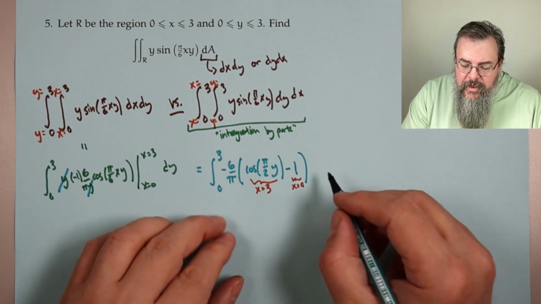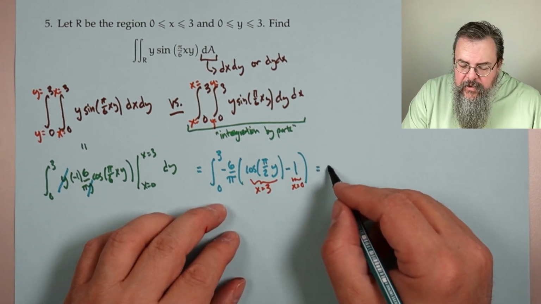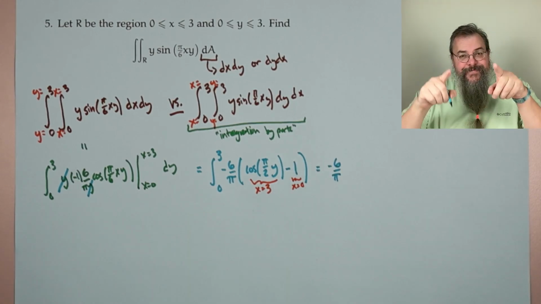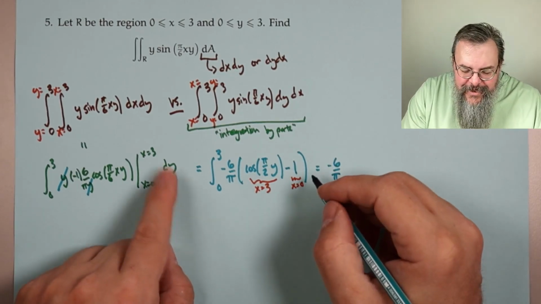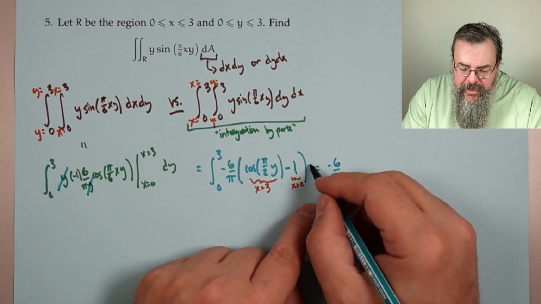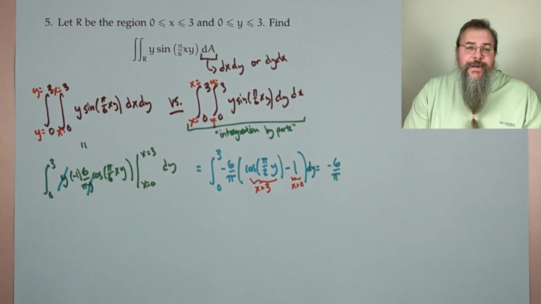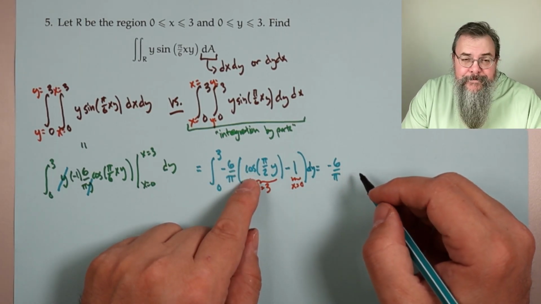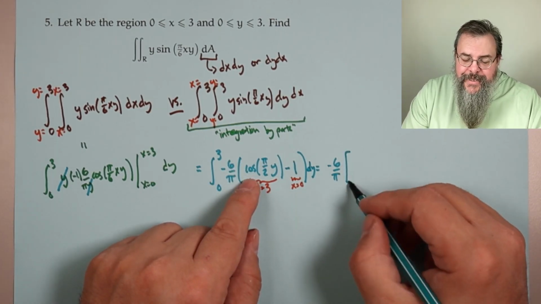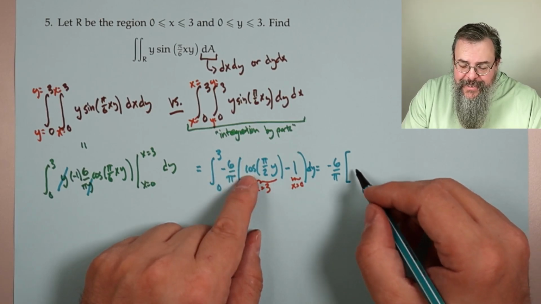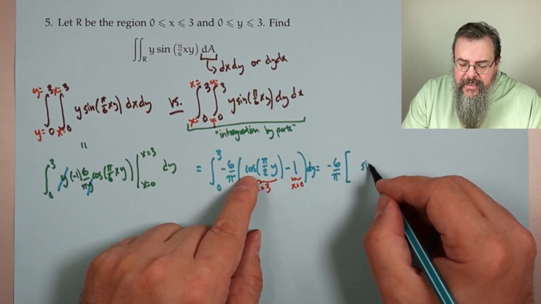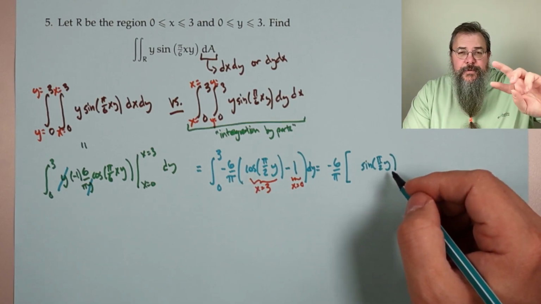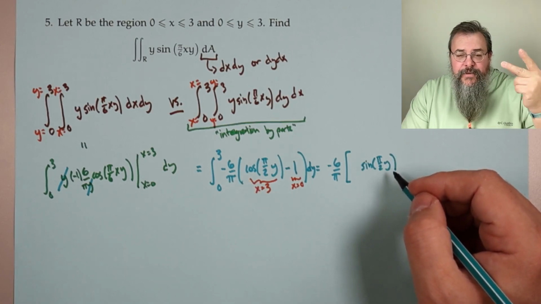So our next thing is we integrate again. So I'll pull the minus 6 over pi all the way out in front. And, oh, bad notation, Steve. Don't forget this part right here, because we've got to keep track of what we're integrating with respect to. Integrating with respect to y. So what's the integral of cosine? Integral of cosine is positive sine. So we're going to have a sine of pi halves y, but then you have to flip the pi halves over.